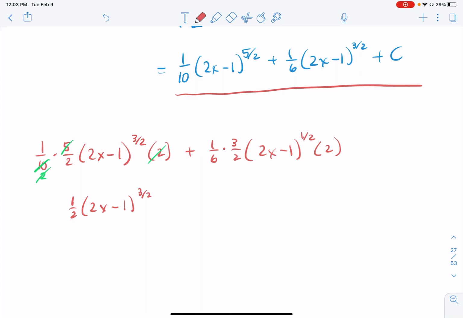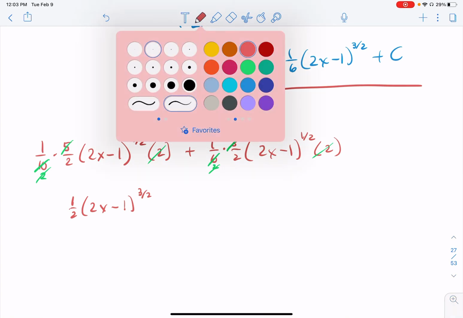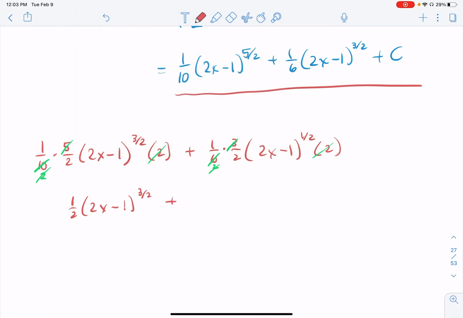Okay, cancellation crayon again. This one with this one. Yeah, that's going to cancel out, leaving a 2 there. One of these 2's cancels out with one of those, I got another half there. What do you know? Oh, no, wrong color. Come on, keep it consistent. 1/2, 2x minus 1 to the 1/2.